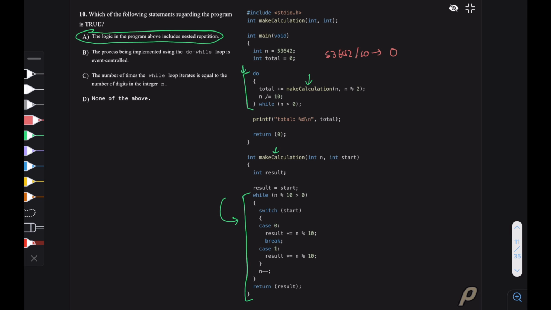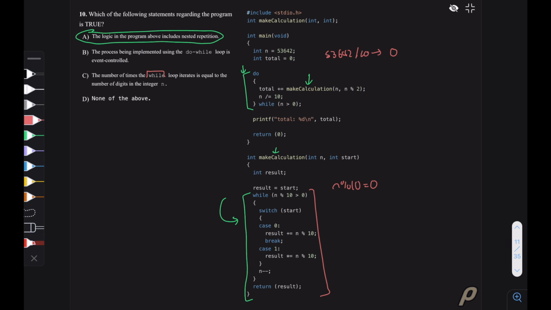And then answer option C here. The number of times a while loop iterates is equal to the number of digits in the integer n, which is not entirely true. The while loop, so that's referring to this down here, is more just iterating until that last digit, the n mod 10, is equal to 0.